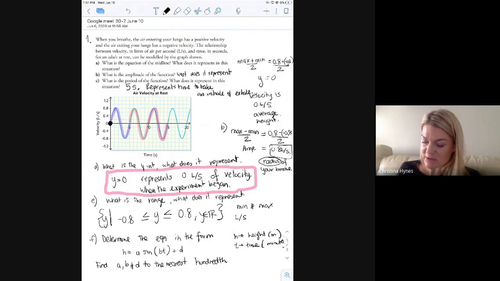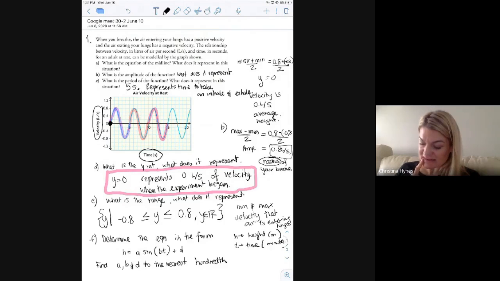So the maximum and the minimum velocity that air is entering your lungs. So like if your question is talking about height for your y value, you would say this is the maximum and minimum height. So whatever your situation is, just use the titles you see along your x and y to describe them.